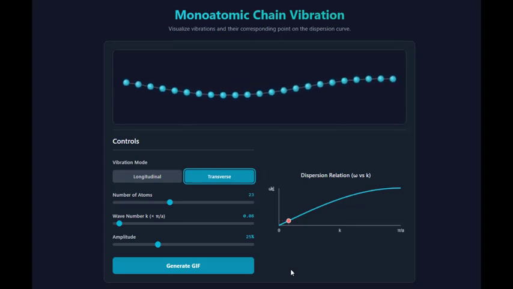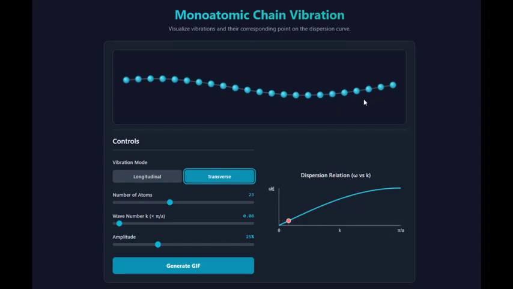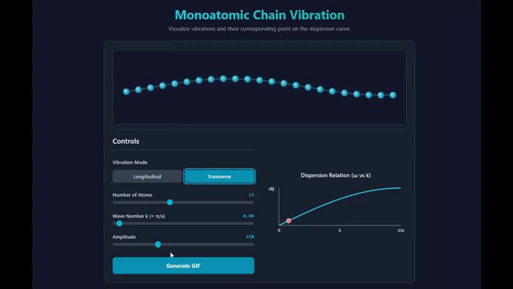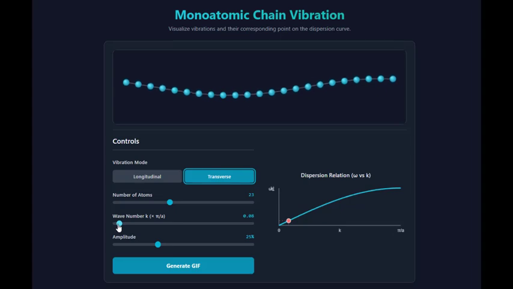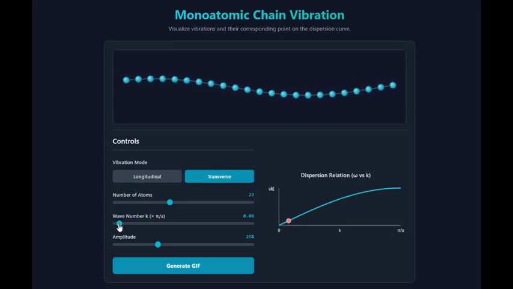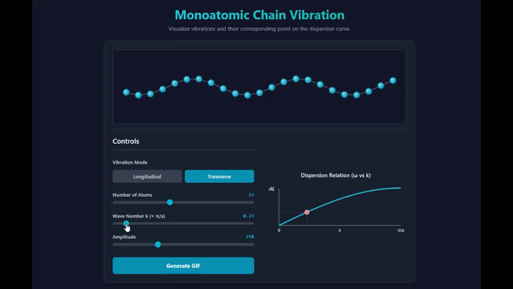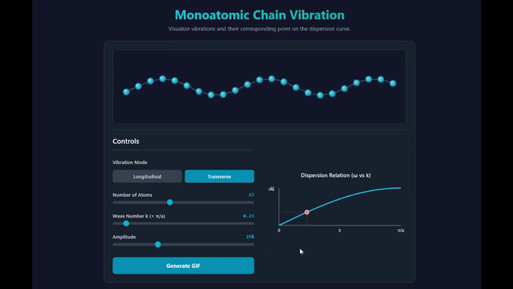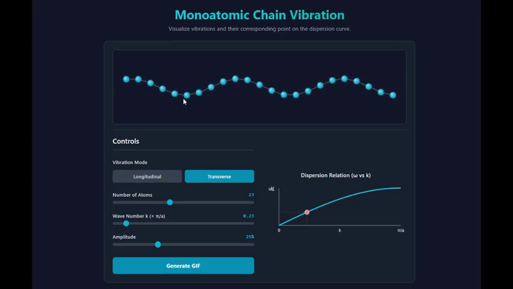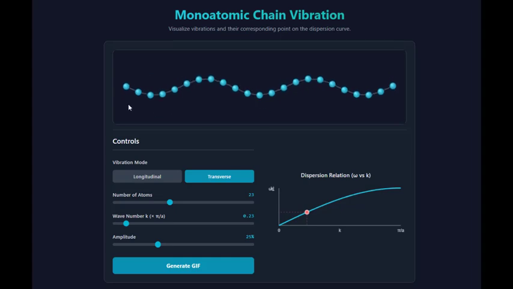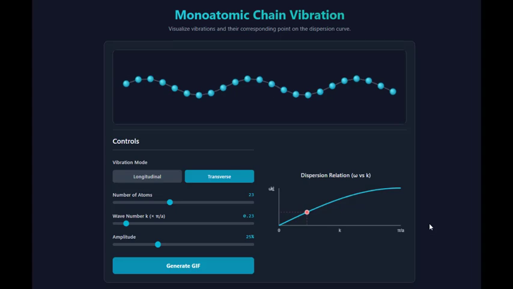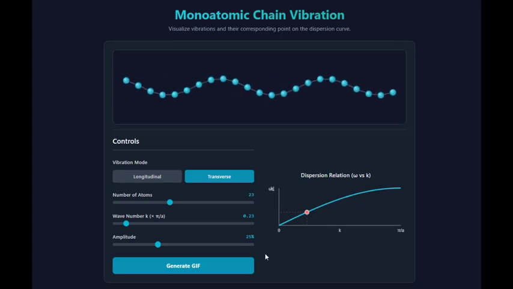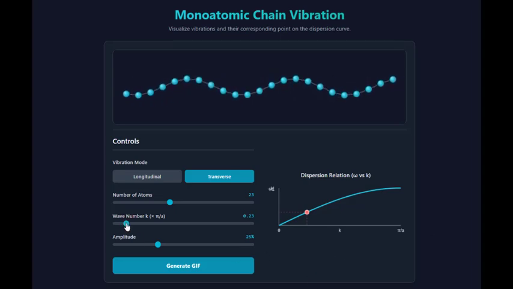The energy is propagated from one end to the other due to this collective vibration, or due to the formation of this group wave. As you increase the wave number, the wave is still traveling, and this is how the vibrations would look for slightly higher values of k.